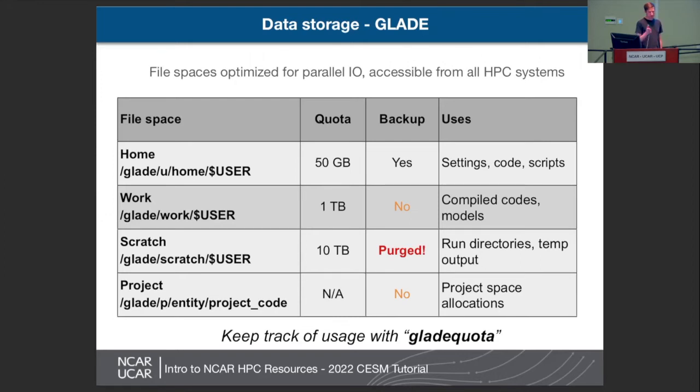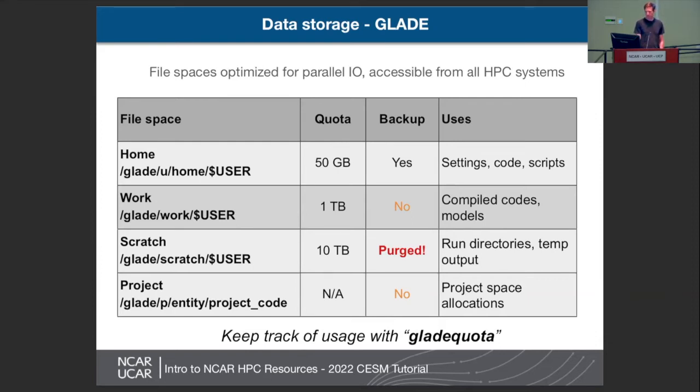We have snapshots throughout the day. Every hour your home directory is backed up, and then at longer durations over the course of a week and a month, we keep dailies and weekly snapshots as well. So that's a very safe space to store data, but it's pretty small. It's only 50 gigabytes, so don't put all of your input data sets there. Just important data you want backed up.